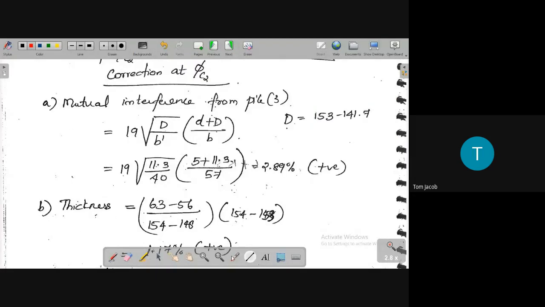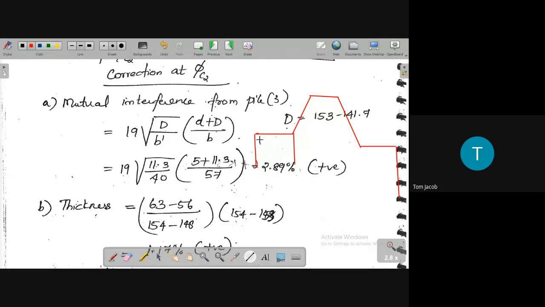Okay, so let us see the figure. The figure goes like this. Now, this is our file 1, this is our file 2, and this is our file 3. Okay.